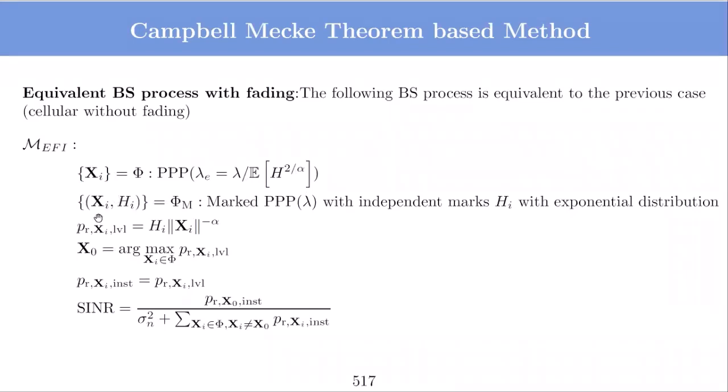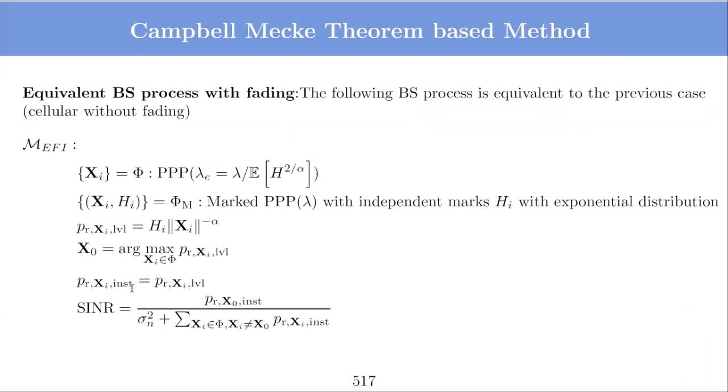So base stations are denoted by xi comma hi, which is a marked PPP with independent mark hi with exponential distribution. The power level is given by the instantaneous power, which is fading times path loss, and then you select the base station which gives you the maximum instantaneous receive power based association.